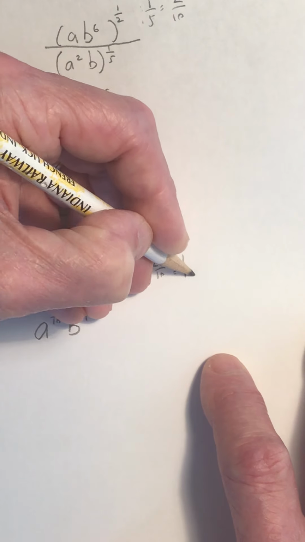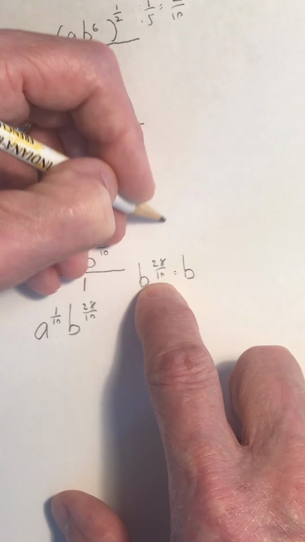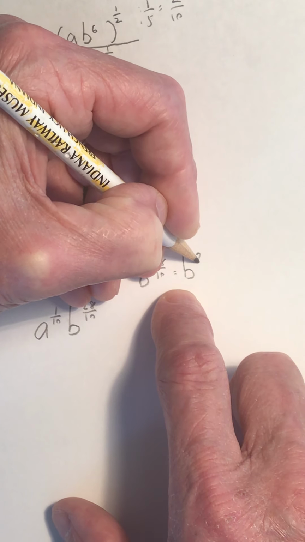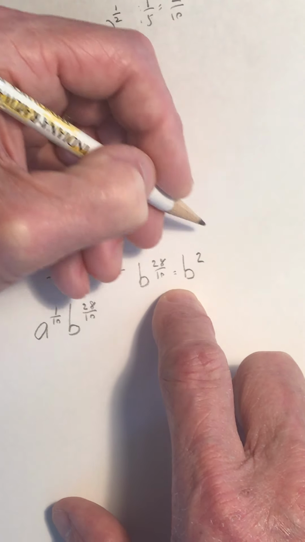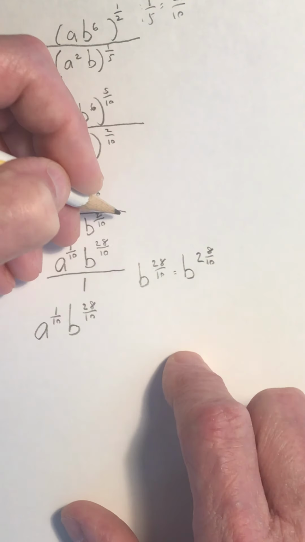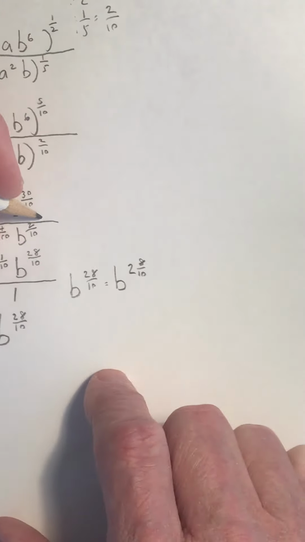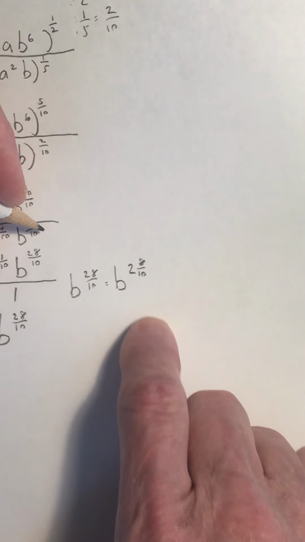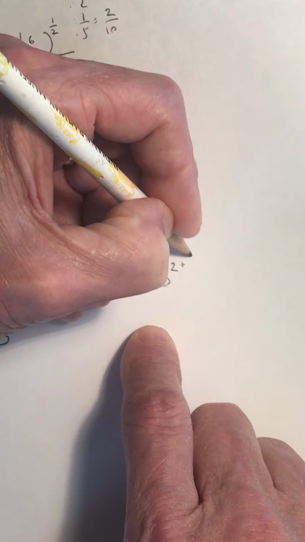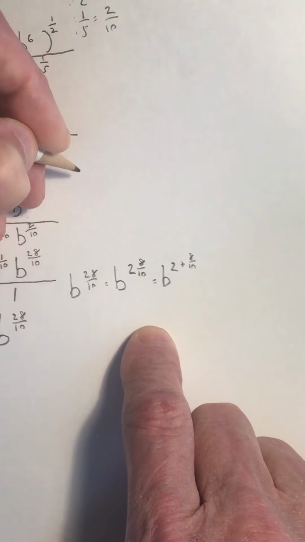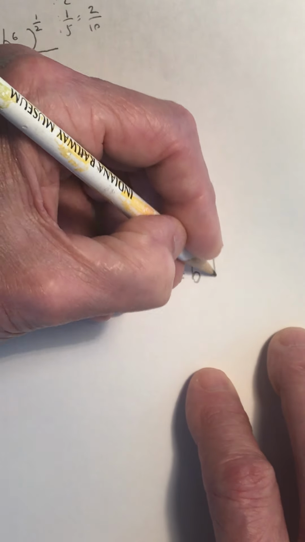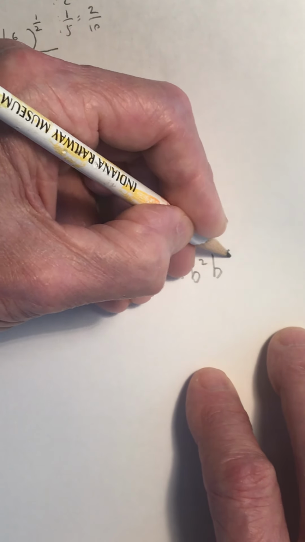See if this makes sense. 10 goes into 28 twice, so I could just rewrite that b to the 2 and 8/10 power, which is the same as b to the 2 plus 8/10 power, which is the same as b squared times b to the 8/10.